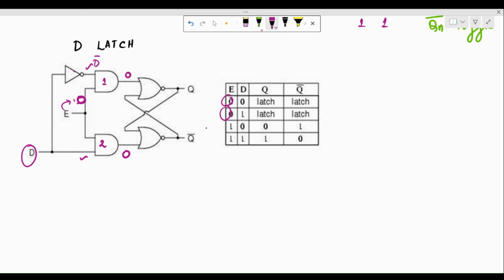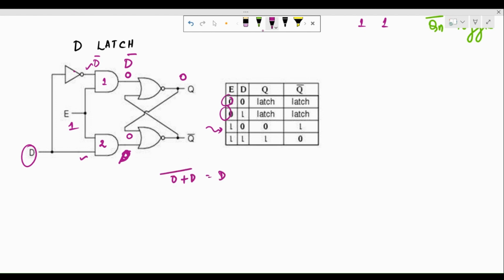But when enable is 1, so when this E becomes 1, what happens? When E is 1, we see that the D and D bar go in. So here we'll get D bar over here, and here we are going to get D. So depending on what the previous output was, suppose if this was 0, then the 0 will be fed over here, and 0 NOR with D. So 0 OR with D the whole bar.